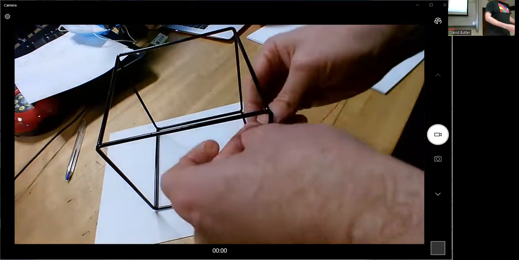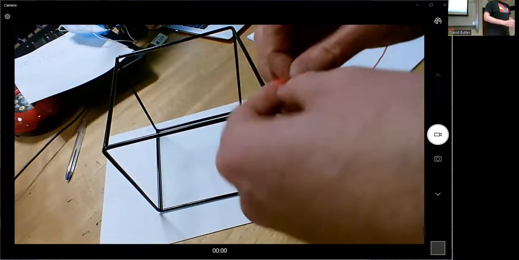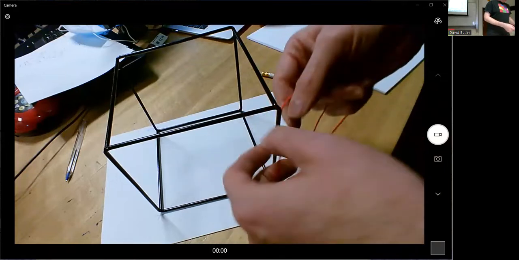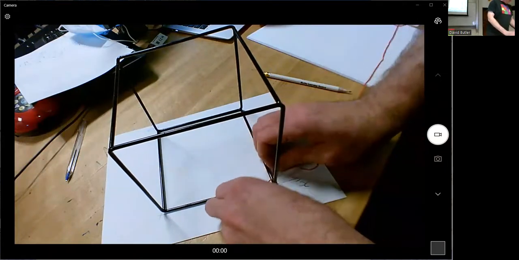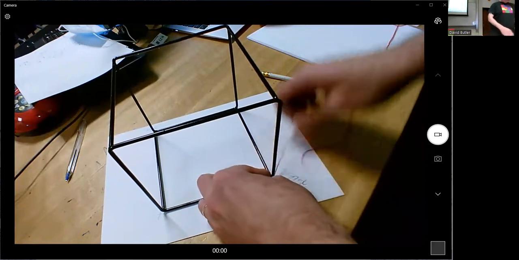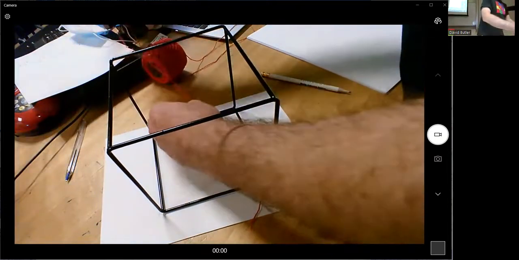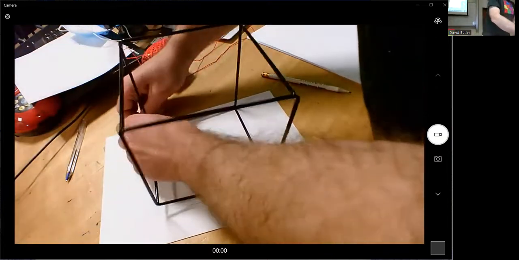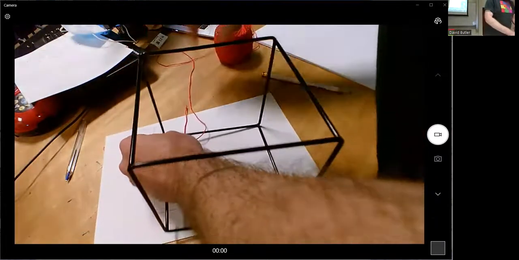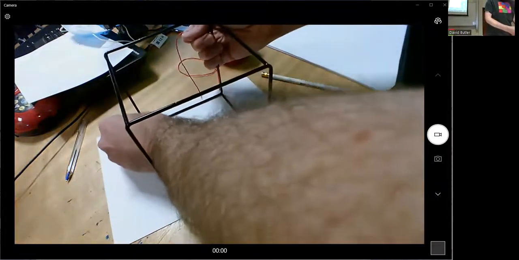Maybe I'll just, not that point at all, this point. And of course, I do need the sticky tape.